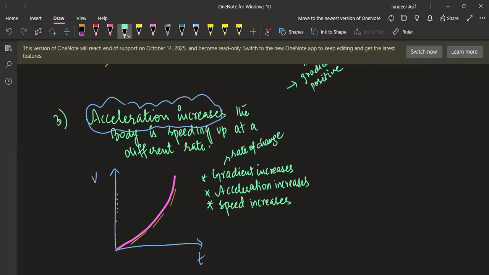Now the fourth case, the acceleration is decreasing. Acceleration decreases. Then it's curved downwards. So that means the body is slowing down at a different rate.